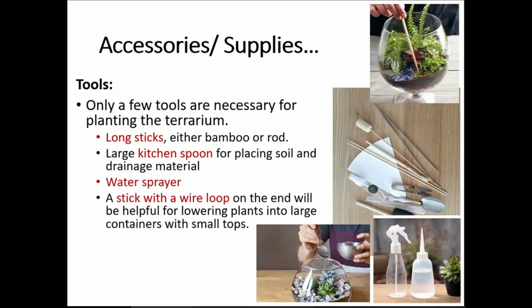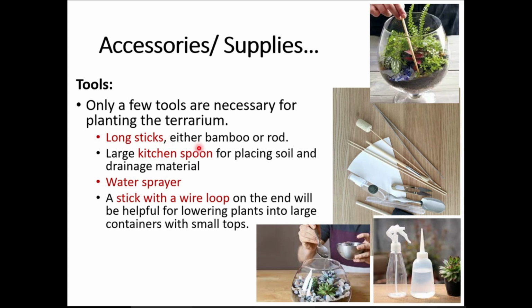If you come to the tools and accessories, you can see them here in the picture. Of course, one or two are enough. Any one small stick, chopstick, or forceps, or one spoon, those three are enough. But still, if you have more, for a fine scale terrarium you need many other tools.